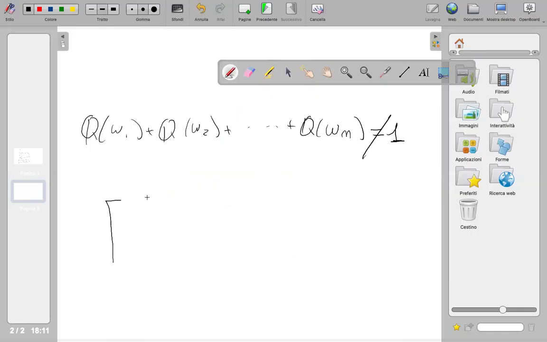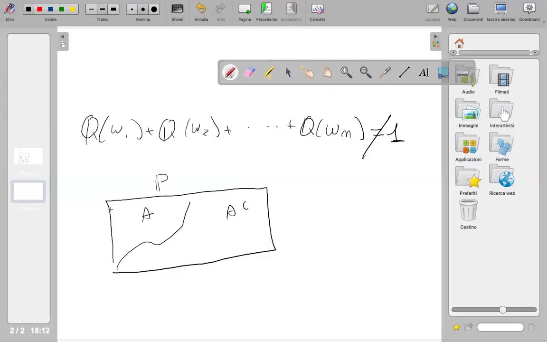Simply because before we had P, which weighted everything to 1, but now we are simply setting it equal to 0 here. Q weights P here and 0 here, so we are losing some mass. We are setting this to 0.